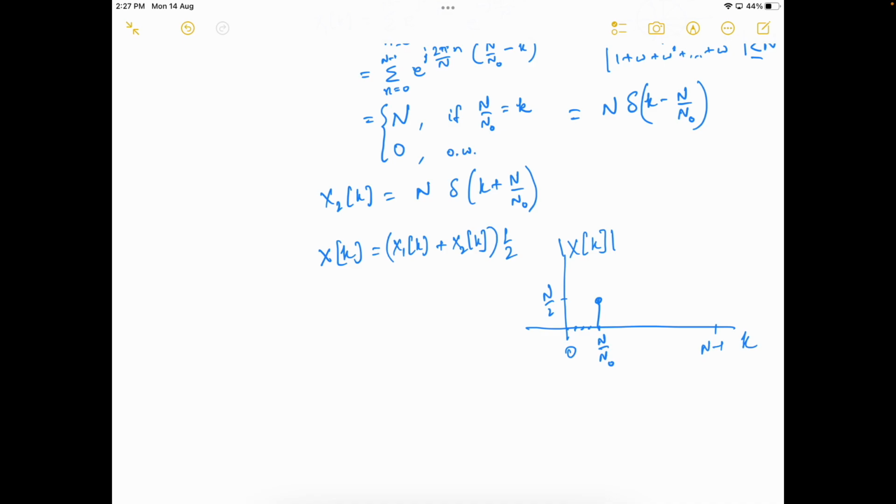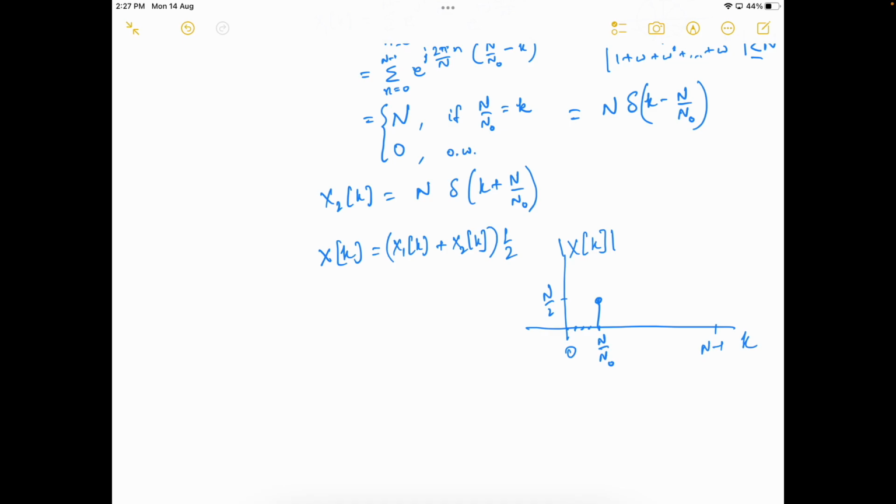N minus N upon n naught. Now this DFT is always periodic. If at minus k it is non-zero, then capital N minus k will also be non-zero, and 2 capital N minus small k will also be non-zero. But of course we don't consider anything outside 0 to N minus 1; we only care about whatever is within it.